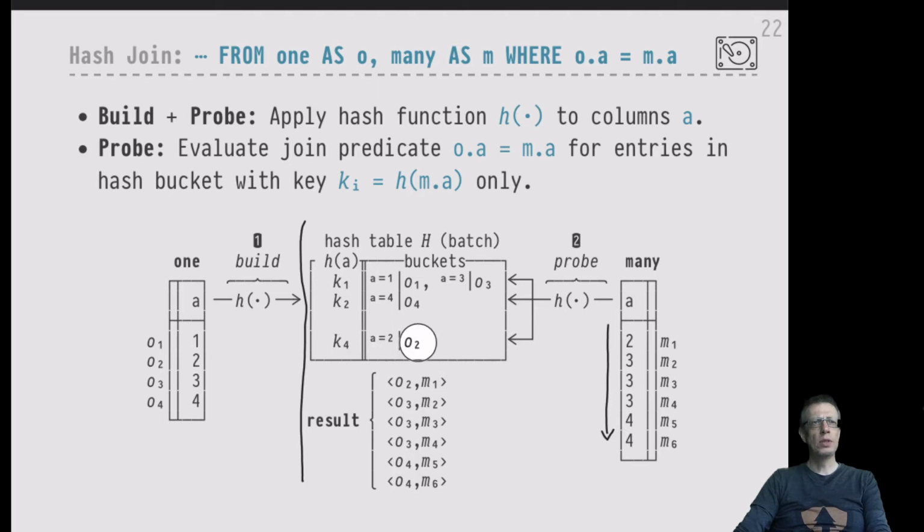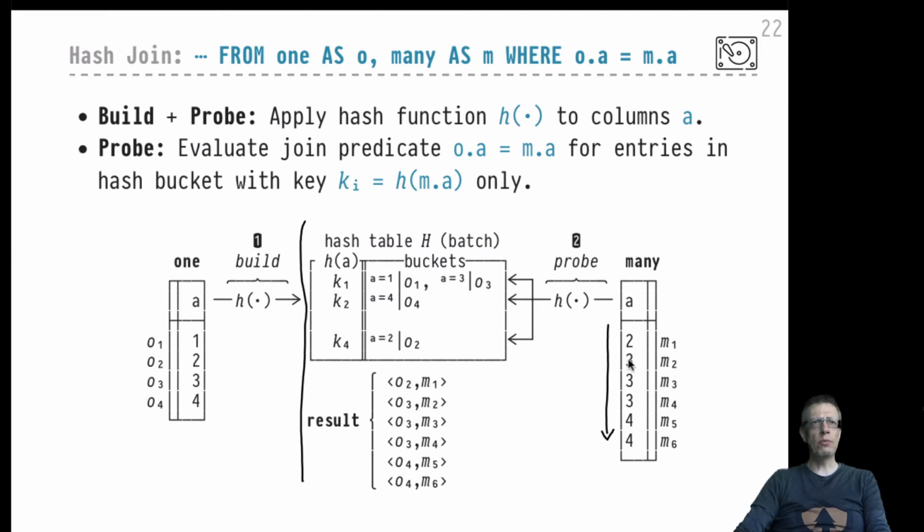All right, so I will check all of the entries in this particular hash bucket if they indeed agree regarding their key values with the key value of the current row. If this is the case, then one join partner has been found, and we can generate this join pair here. Okay, and this is repeated for all the rows of the many side, of the probe side actually.